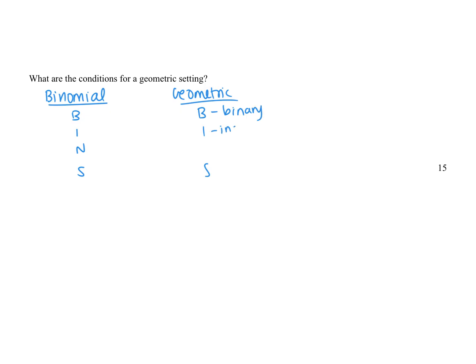I is still independent. S is still the probability of success is the same. So one of the main differences is a geometric distribution does not have a fixed number of trials.